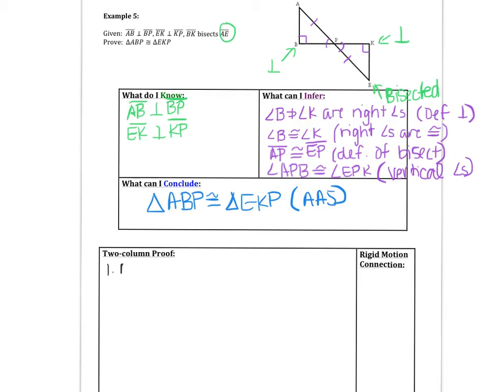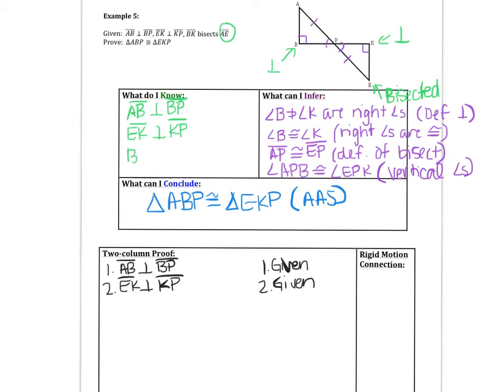So I have AB is perpendicular to BP, given. I know that EK is perpendicular to KP, also given. And I forgot to write down up here about BK.